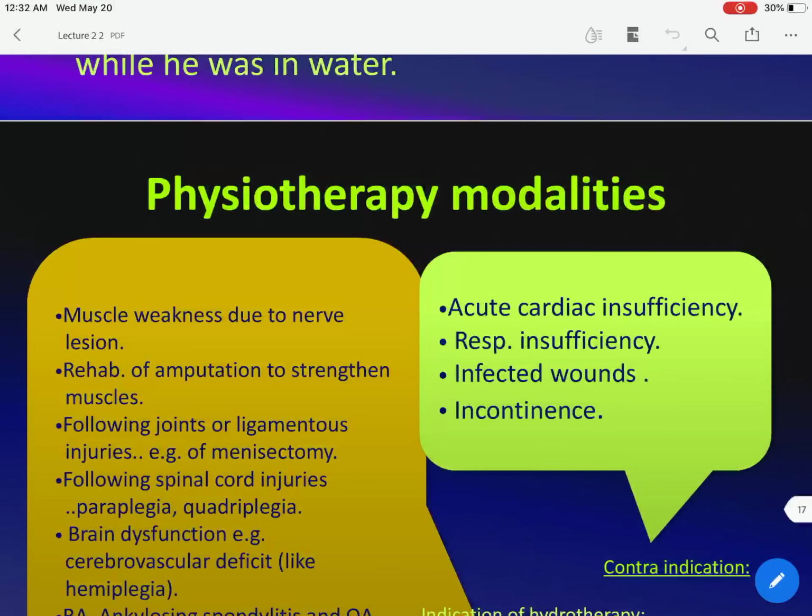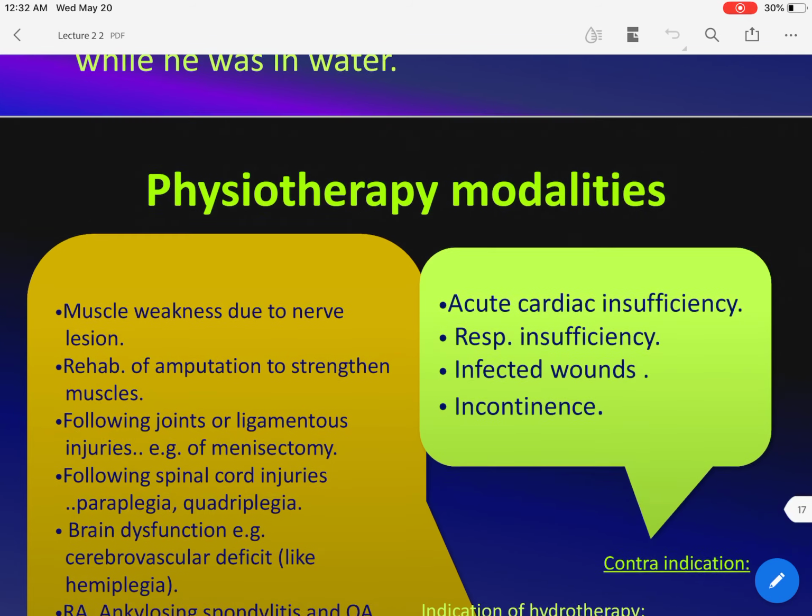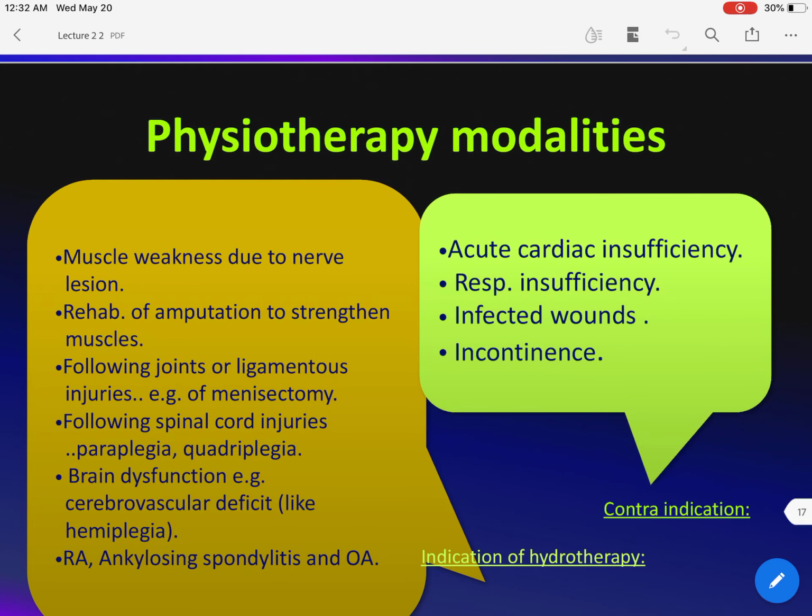Hydrotherapy also has indications and contraindications, like heat. The indications of hydrotherapy are muscle weakness due to nerve lesion, rehabilitation of amputation to strengthen muscles, following joint or ligamentous injuries, for example mastectomy, following spinal cord injuries, paraplegia, quadriplegia, brain dysfunction, for example cerebrovascular deficit like hemiplegia, rheumatoid, ankylosing and OA.